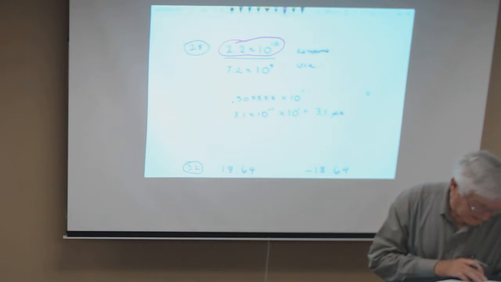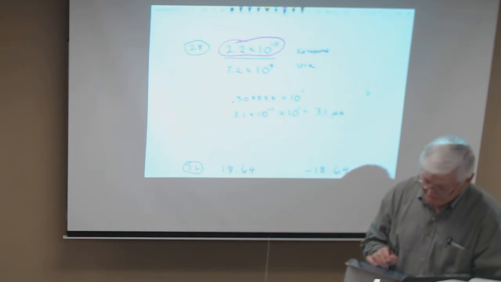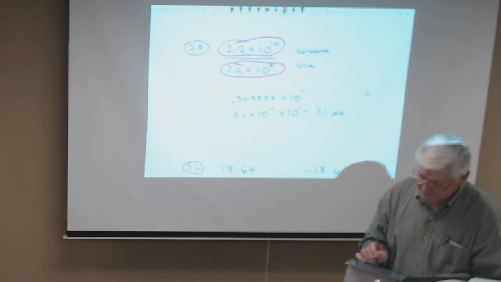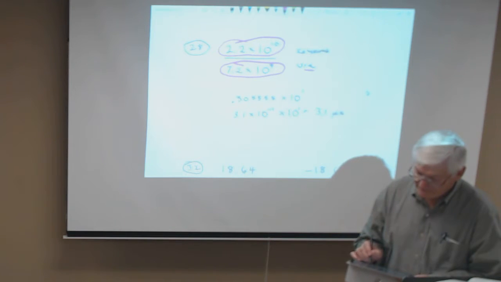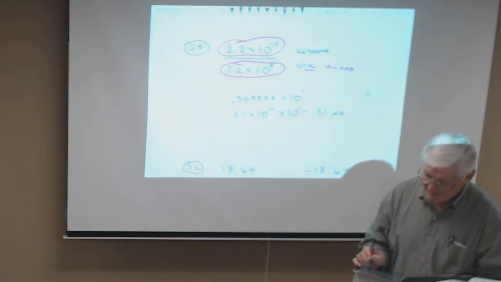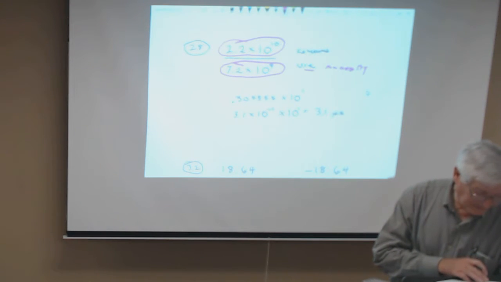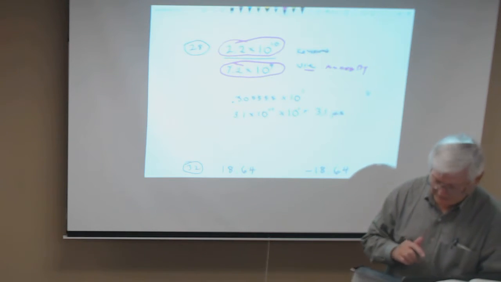According to problem 29, we use about 7.2 times 10 to the 9th. This is how much we use every year. Isn't that what they said? Annually? Per year. At this rate, how long will the oil reserves last?